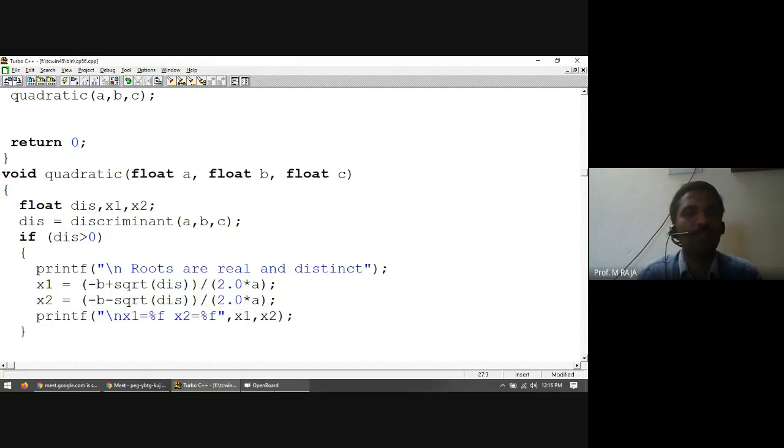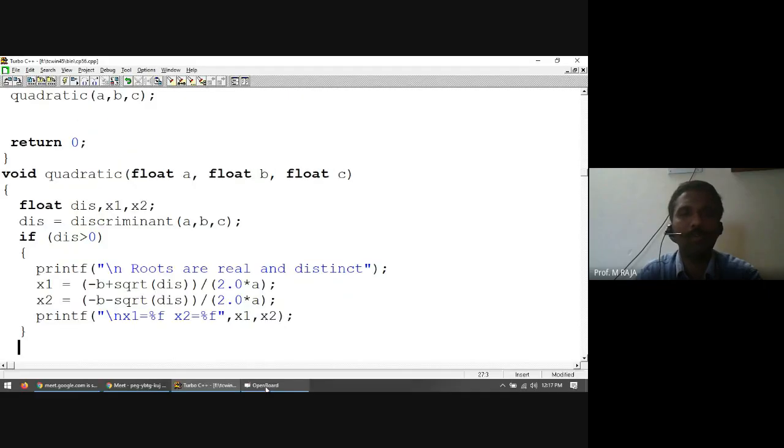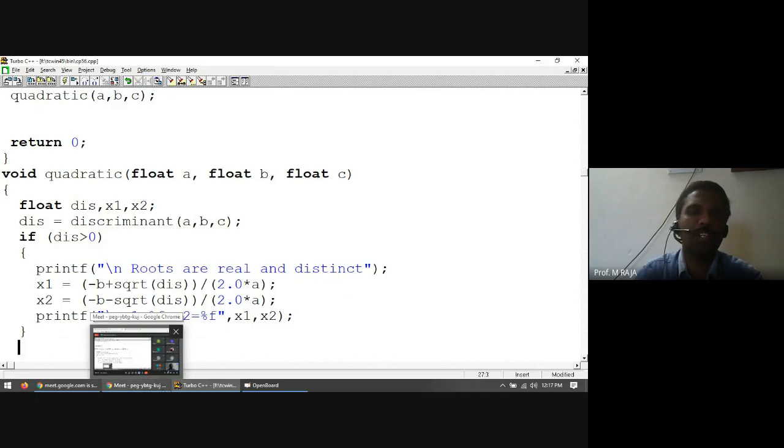So the first root is obtained as minus b plus square root of discriminant by 2a. The second root is obtained as minus b minus square root of discriminant by 2a. x1 and x2 are printed in this function itself.